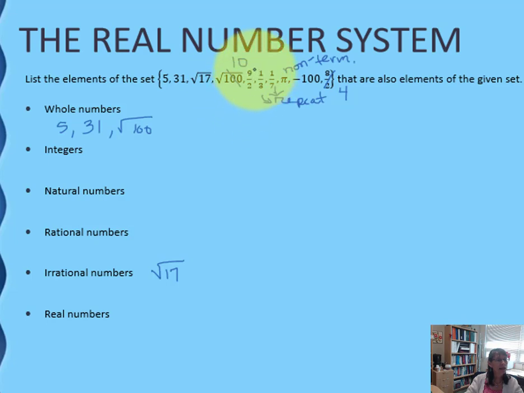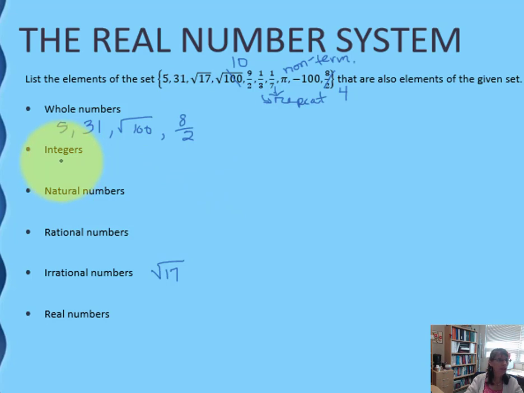Anything written as a fraction is not going to be a whole number, so we can bypass those three. Pi is a non-terminating decimal, so that isn't a whole number. -100 has a negative with it, so that is not a whole number. However, 8 halves reduces to 4, so 8 halves would be included with whole numbers because it is equivalent to 4.